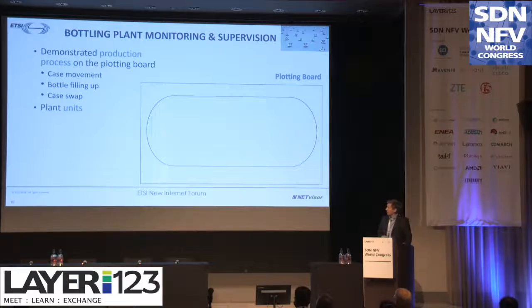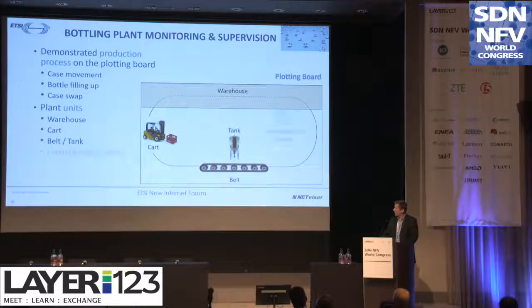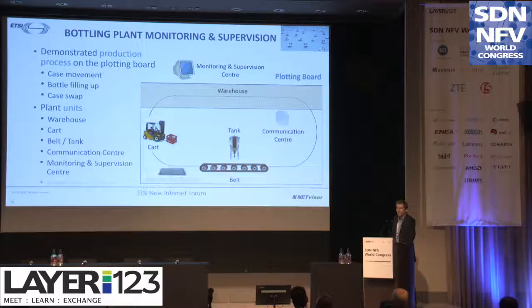The plant units are the warehouse, a self-driving cart, belt and tank, communication center, monitoring and supervision center, and an intervention console. However, this intervention console is not an integral part of the plant. Rather, we are using it to control the working of the demonstration.